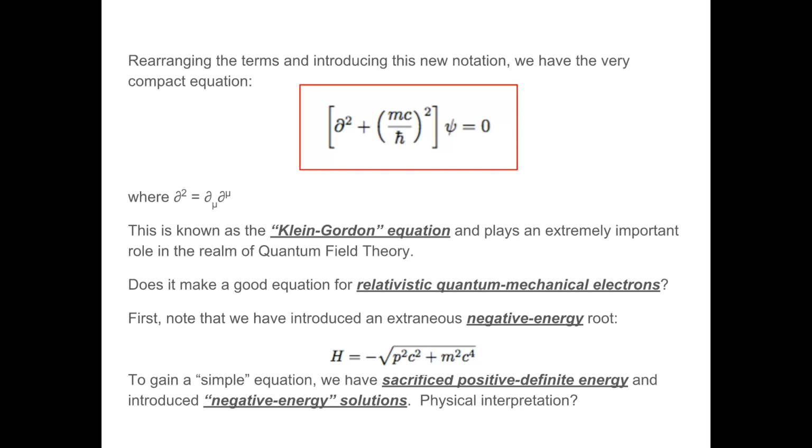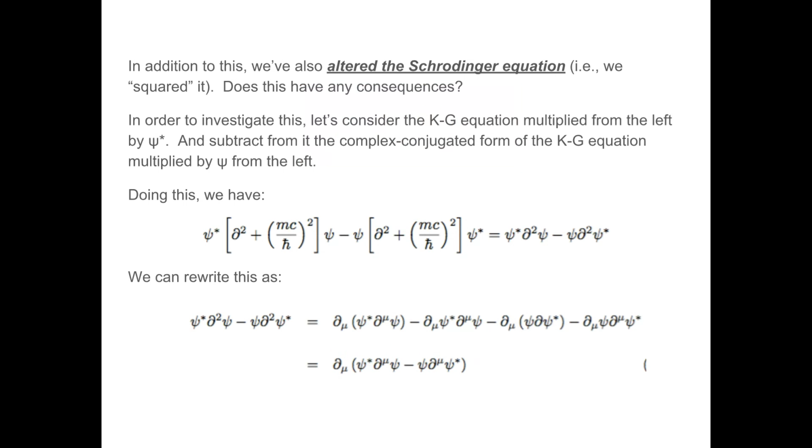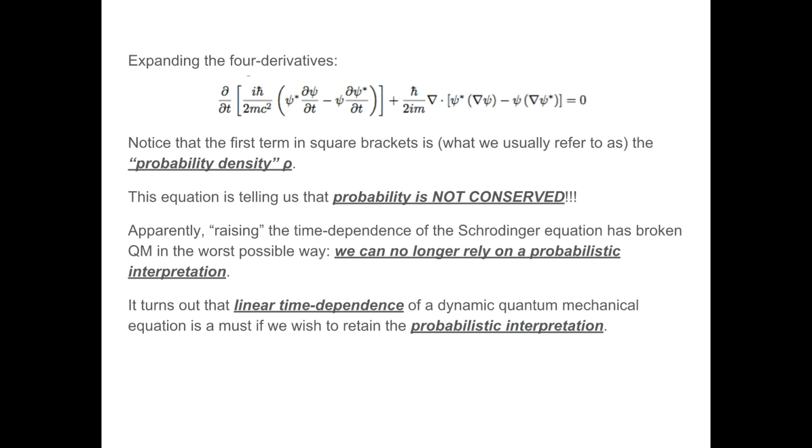That's the laws of physics looking the same in two reference frames. But we've broken quantum mechanics in the worst possible way by doing this. So it seems like the Klein-Gordon equation is not a good candidate for a relativistic description of an electron. Okay, everybody with me on that?